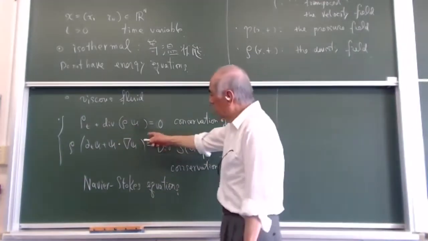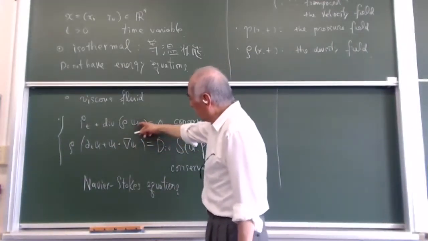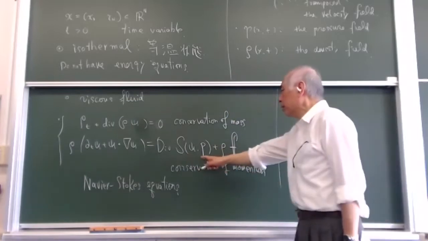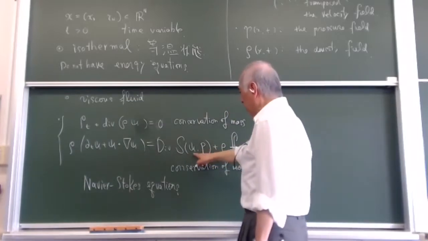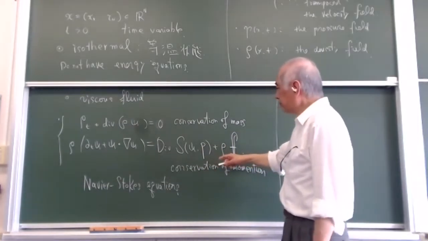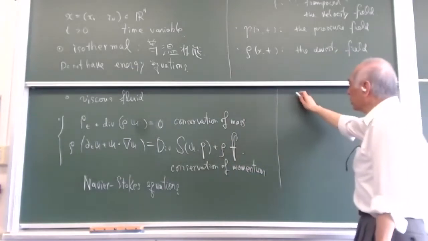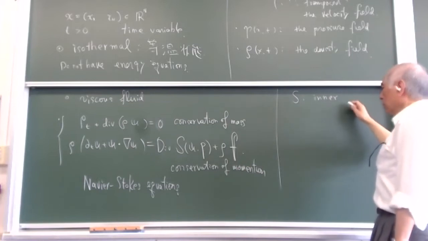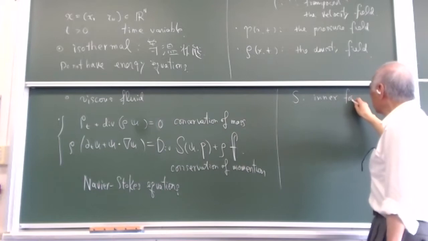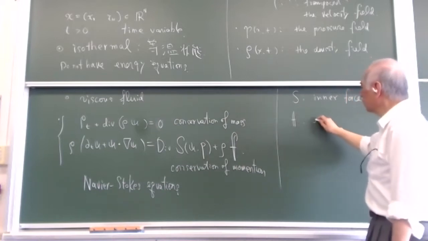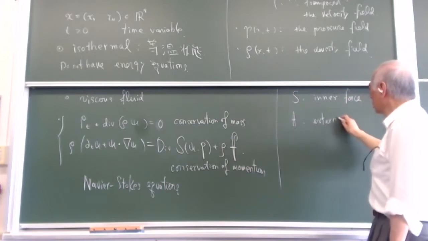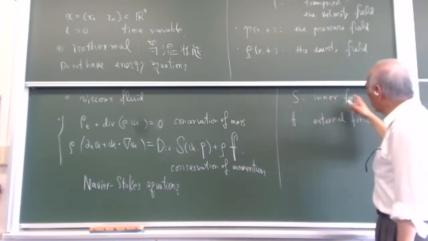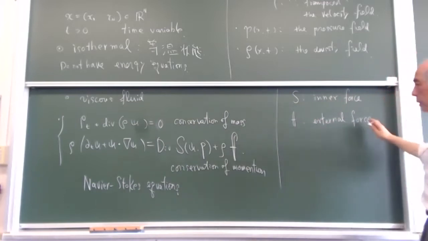But anyway, this is a representation by using the vector, and this is an L by L matrix, and this is an L vector.